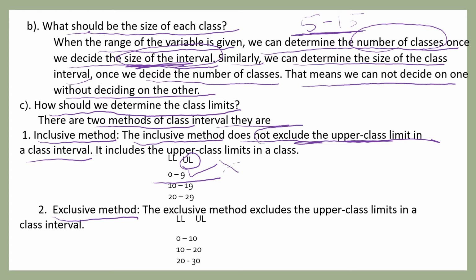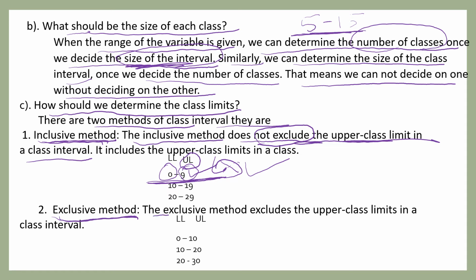This we call the inclusive method. That means both the lower limit and the upper limit values of a class are included in that class itself. That is called the inclusive method. Then what do you mean by the exclusive method?